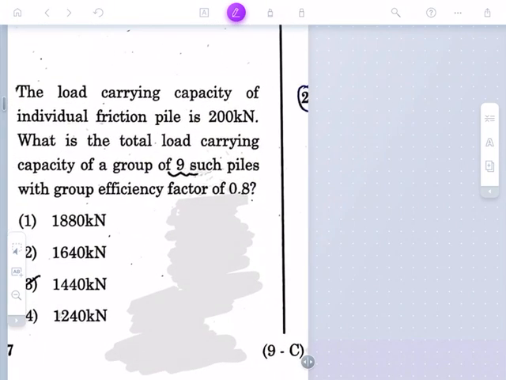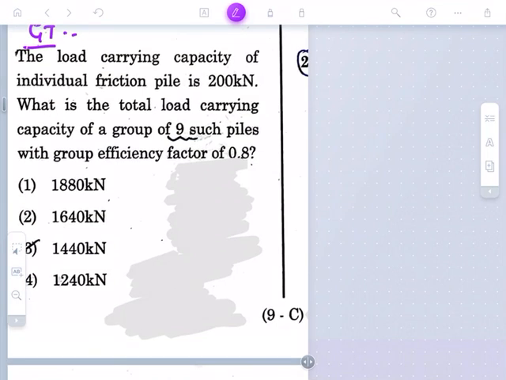Next, this is also a geotechnical engineering question and a very easy question. Let me read out the question first. The load carrying capacity of the individual frictional pile is 200 kilonewton. So the individual frictional pile I will represent as QUP, which is equal to 200 kilonewton.